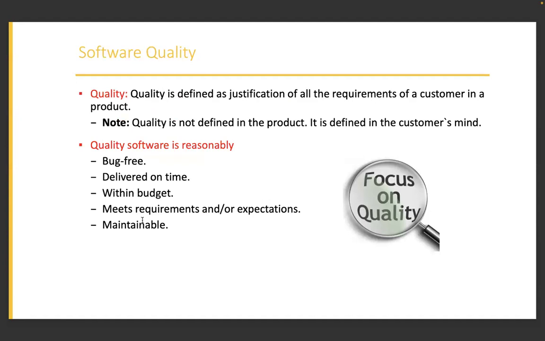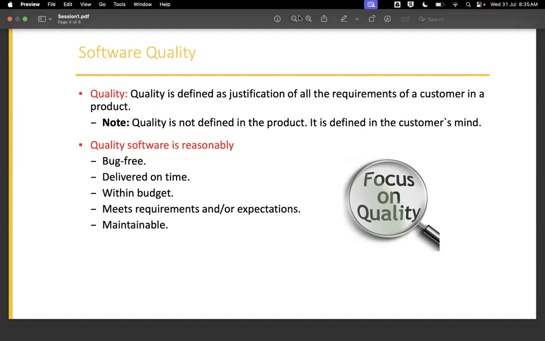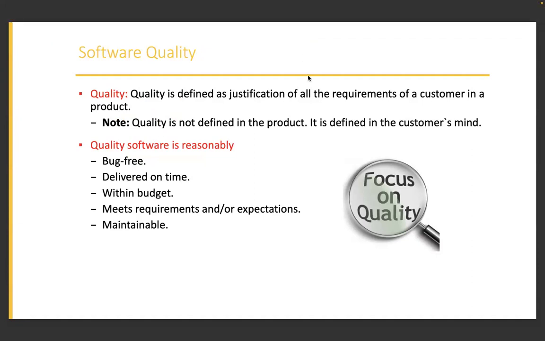Now we have something called quality, and what does quality refer to? Quality is nothing but a justification which is given to the end customer. That justification is related to whether the customer has a picture of that particular product in his mind, right? Whether we are able to satisfy that picture or not.